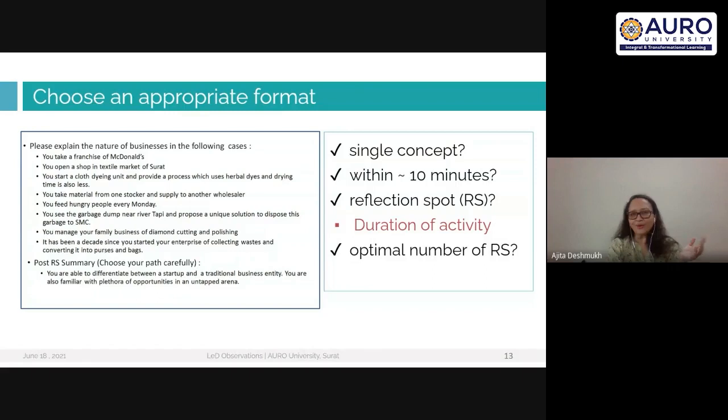So all the questions here are something the students will relate to, be it garbage dumping near the Tapi, or the dyes and the herbal dyes. Every single question you have framed is about the context in which the students live. That is why this is a wonderful activity.